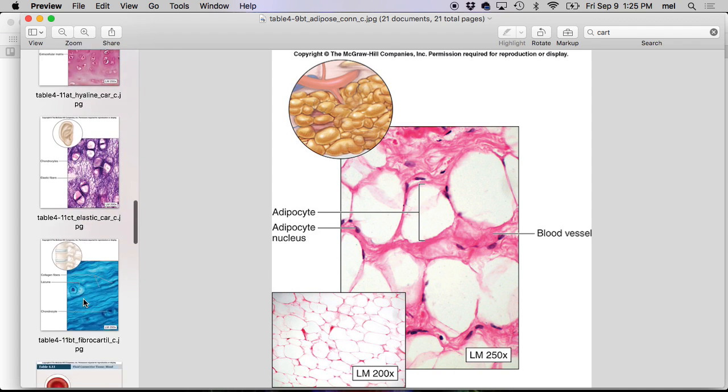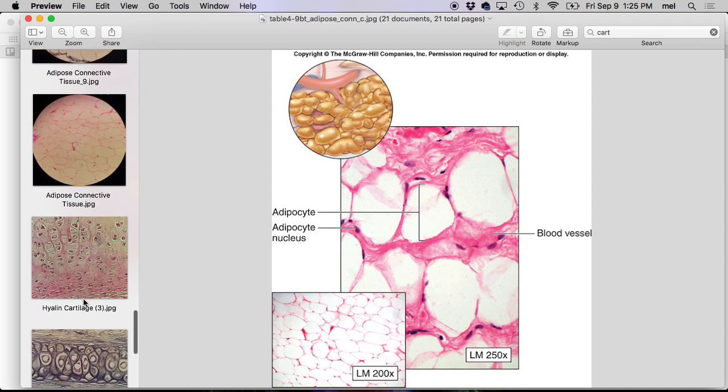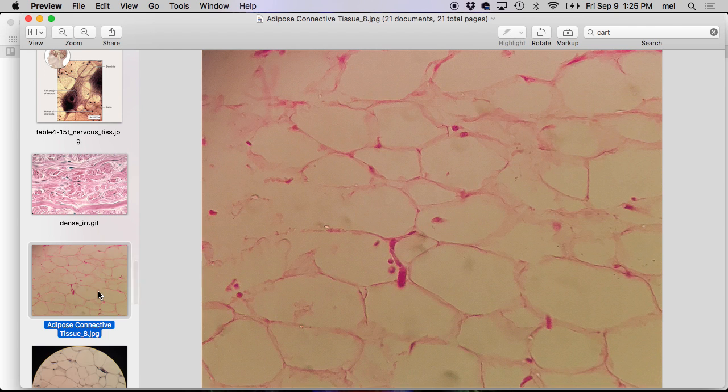So why does it look so empty? The reason it looks so empty is because lipids don't stain very well with the techniques that you use to stain other things. Since mostly the cell is full of lipids, I've got an adipocyte, and the nuclei generally get pushed way up against the side. I'll show you. Here's one nucleus. You see it? Pushed way up against the side right there.